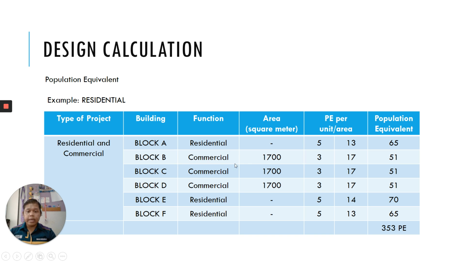For the commercial area, based on the square feet, the PE per unit area is equal to 3 per 100 meters squared, therefore 3 times 17, which is 51, and so on. This is the total PE for the whole project.